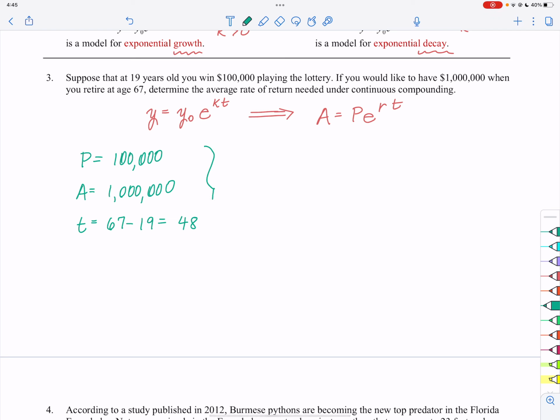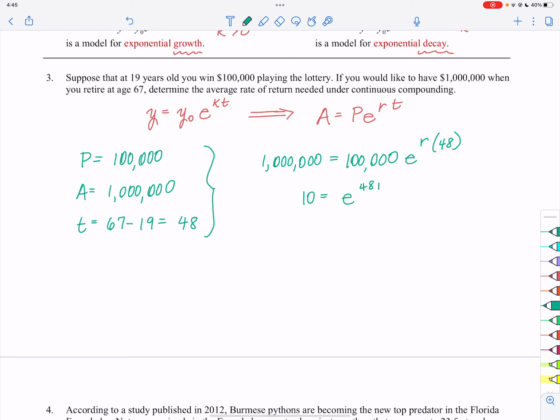So with this, we have 1 million equals 100,000 multiplied by e to the r multiplied by 48, and we are solving for r. Dividing both sides by 100,000, you can see that the left-hand side is now 10.